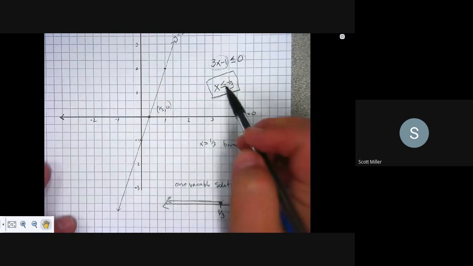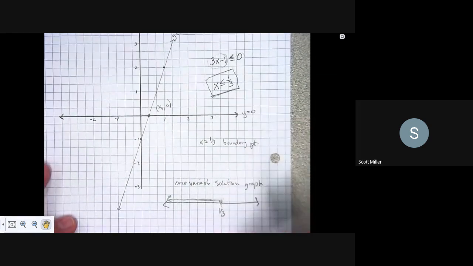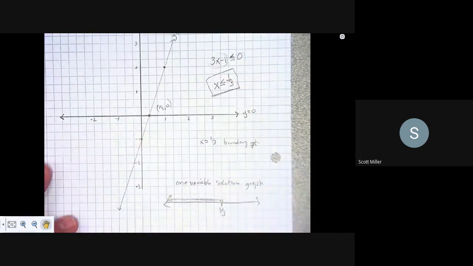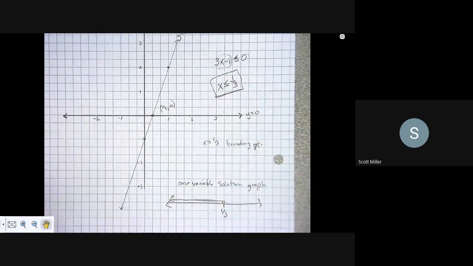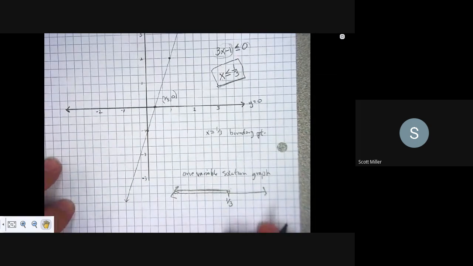Our goal is to get to this right here and to draw this graph right here through this concept. But we're not always going to be doing a graphing approach to things, so you need to be able to do the algebraic approach. So how do I do an algebraic approach?